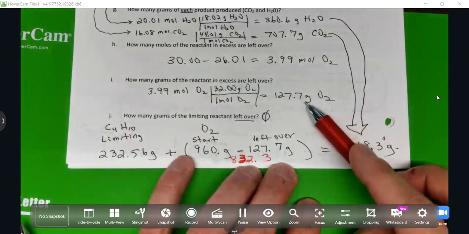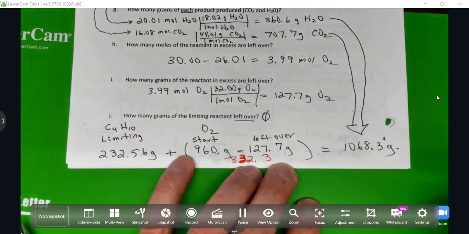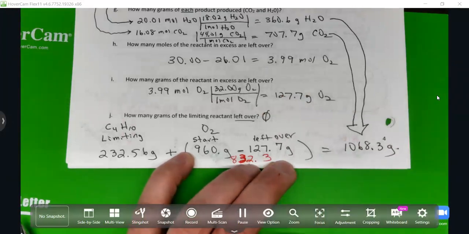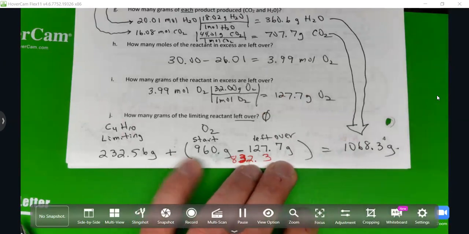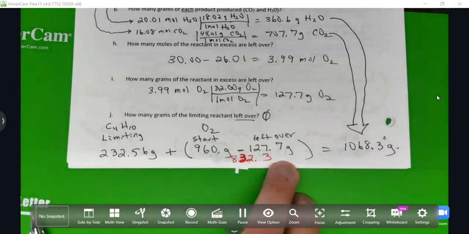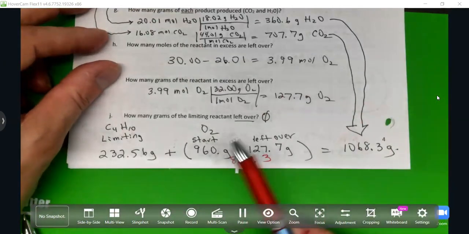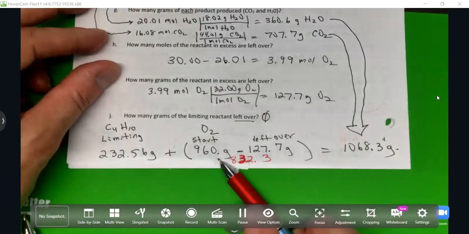Maybe I did this too fast. 3.99. Double check. Yeah, 127.7, that's right. I'll have to double check. It's off by like 4 grams, but that still might be right with sig figs, especially this 960 here. That's 3 sig figs.